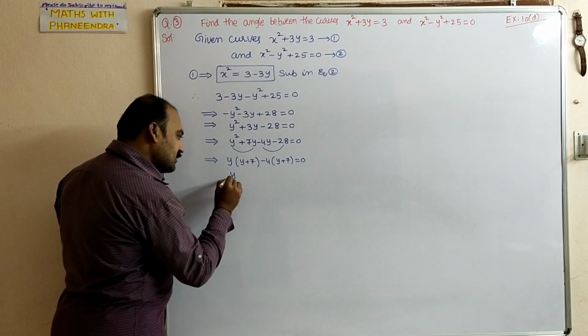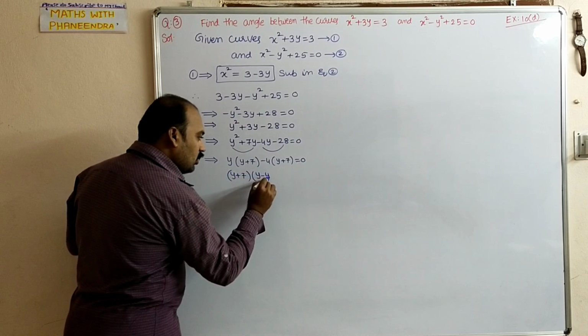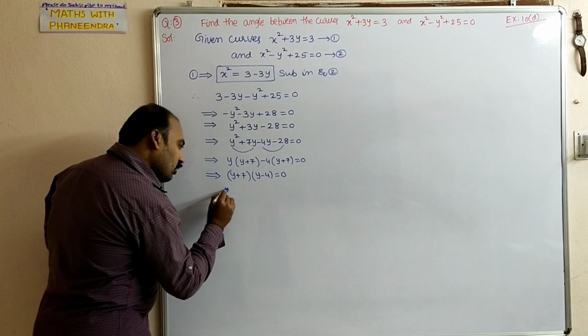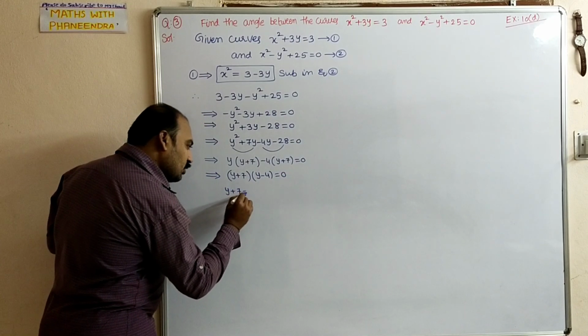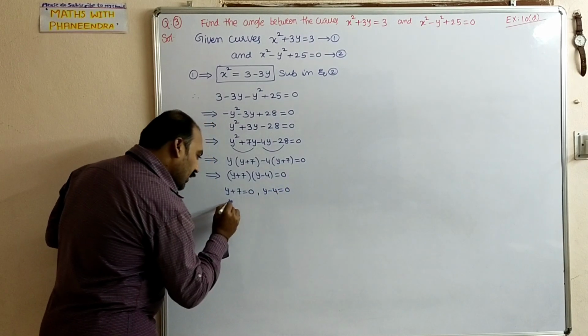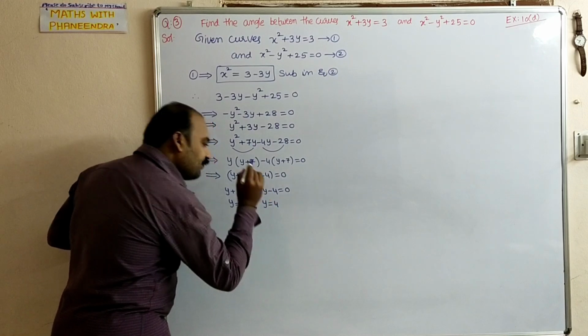So y plus 7 into y minus 4 equal to 0. That implies y plus 7 equal to 0, y minus 4 equal to 0. So y is equal to minus 7, y is equal to 4.